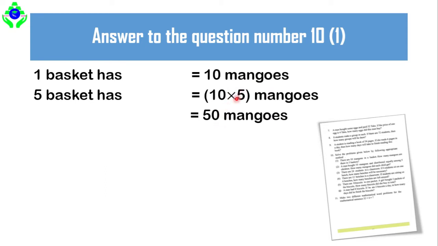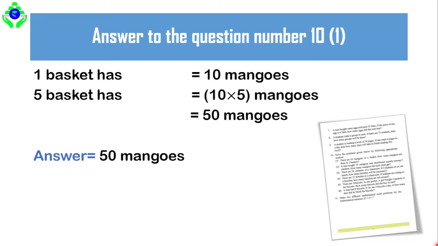Because 5 into 0 is equal to 0, 5 into 1 is equal to 5. So the answer of this question will be 50 mangoes. And at the bottom of this answer you should write the final answer, and that answer is equal to 50 mangoes. I hope you all were able to understand the solution of this question.